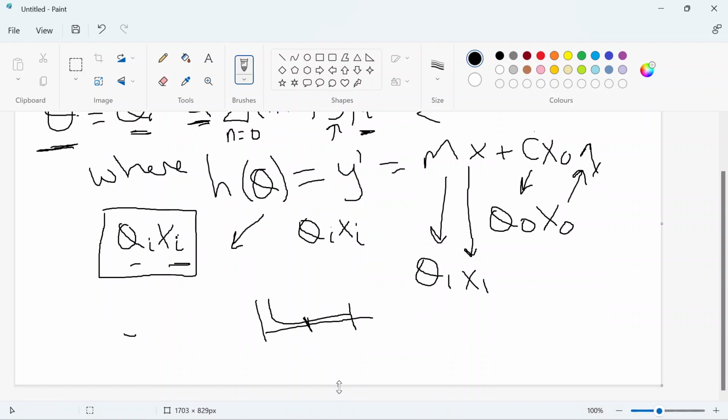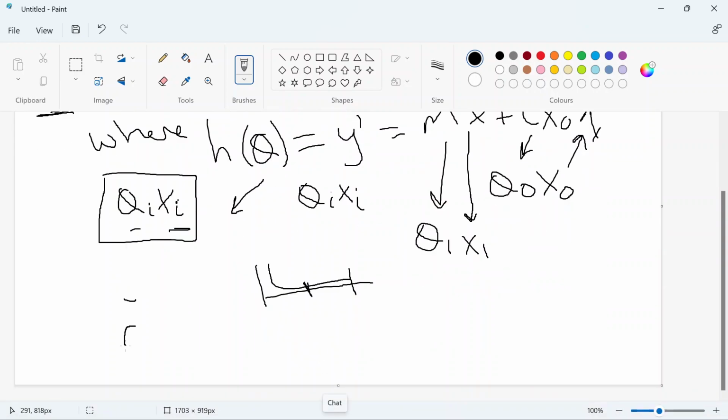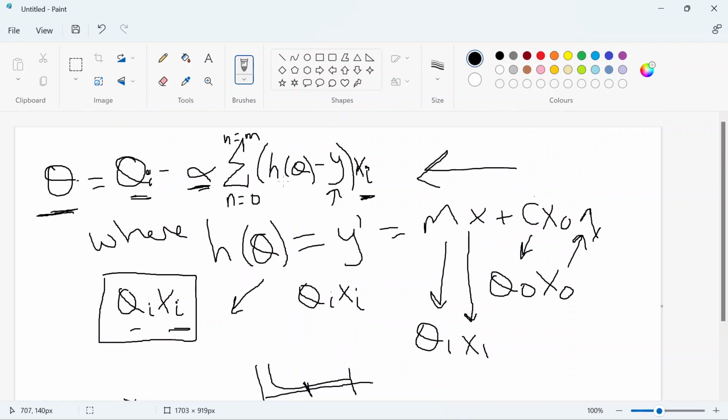So for simplicity, for our example, xi will be theta 0 x0 plus theta 1 x1. So then we sub this into this equation for x and subtract y, and then multiply by xi.